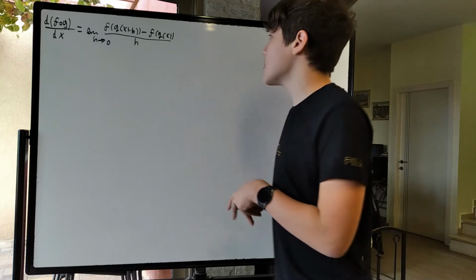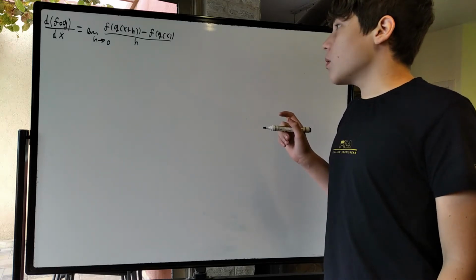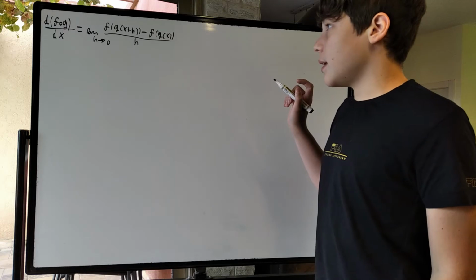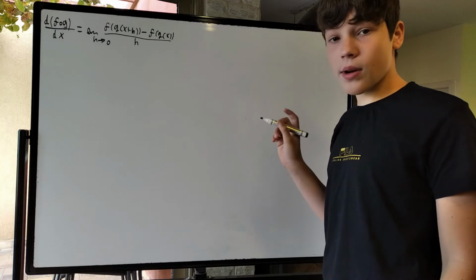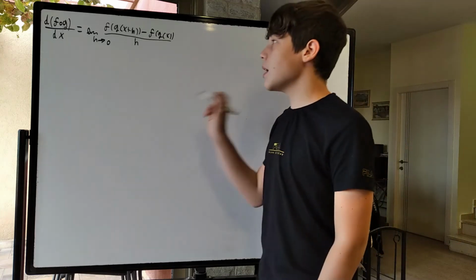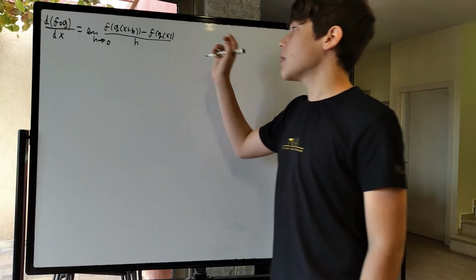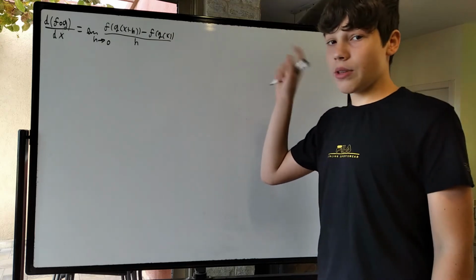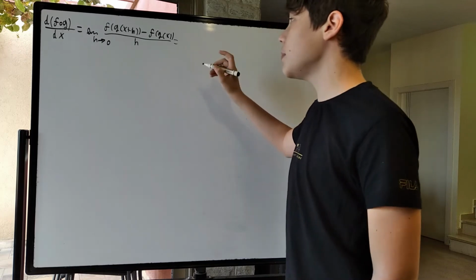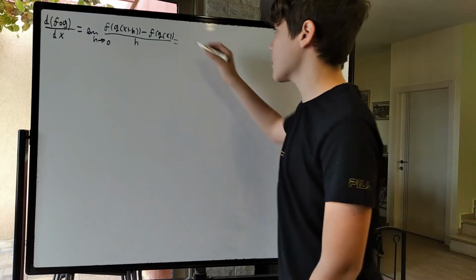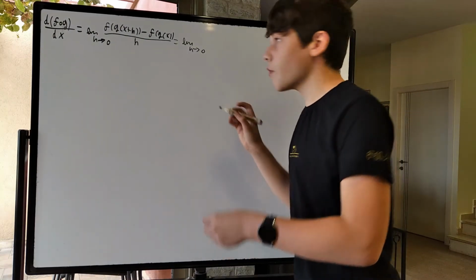So the trick we're going to use here is, instead of adding and subtracting on the numerator the same term, we're going to multiply the numerator and the denominator by the same term. And that term will be g of x plus h minus g of x. And then we're going to separate the fractions.